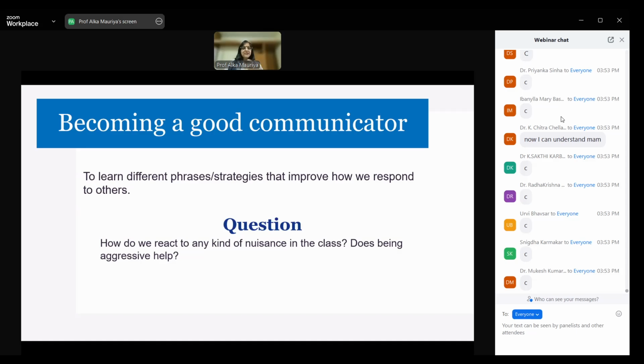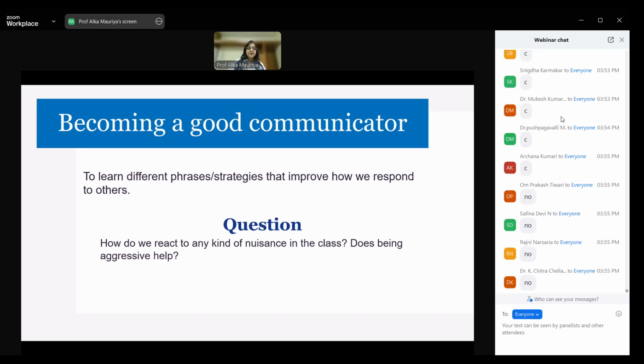There is indiscipline in the class. Two students start fighting, or a debate reaches such a level that there is a heated discussion. During such a scenario, do you think aggression will help? Shouting at the student and telling them, be quiet and listen to me, I'm the boss of my class, so you have to obey me. That is one option.